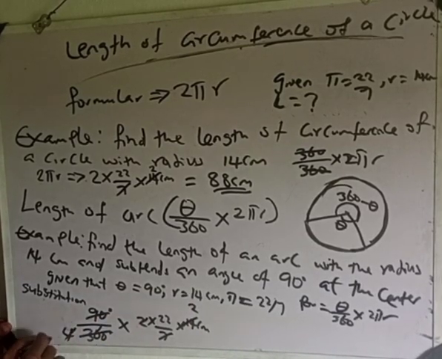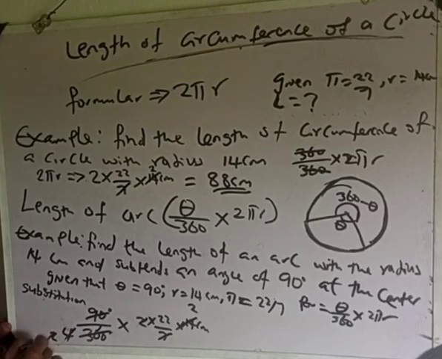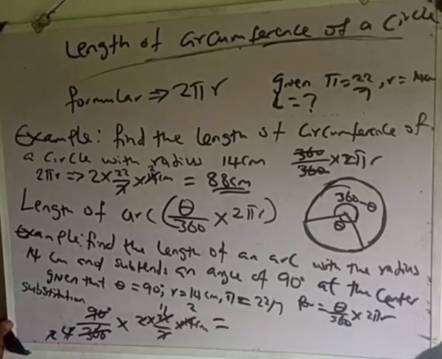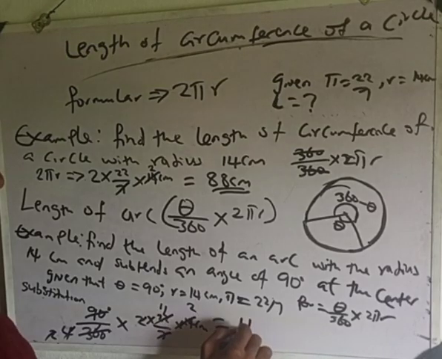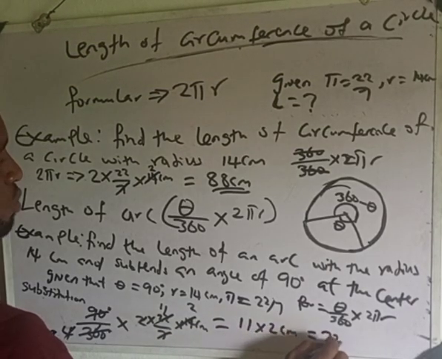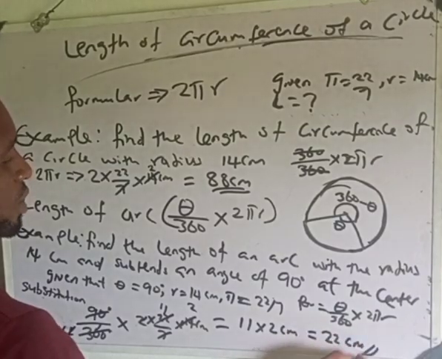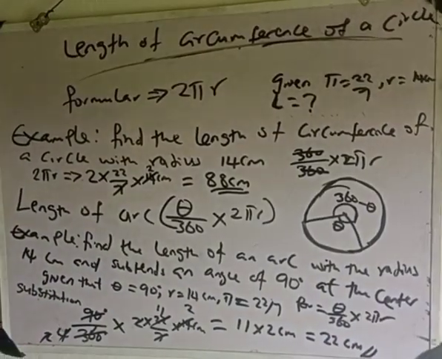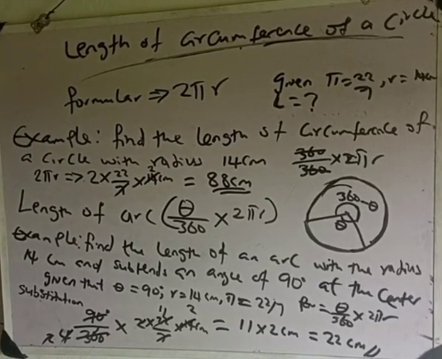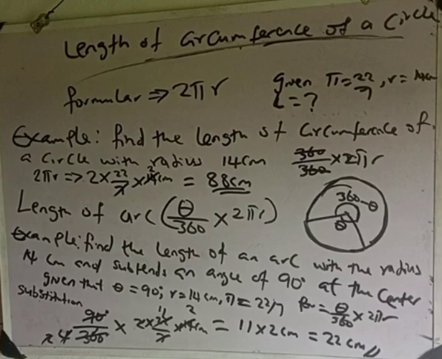This 2 can cancel this 4. I will still have 2 here. This 2 can cancel this 22. I will have 11. So what we have at the end of the day is 11 times 2 cm, which is the same thing as 22 cm. So the length of an arc that sustains 90 degrees at the center and has a radius of 14 cm is 22 cm.